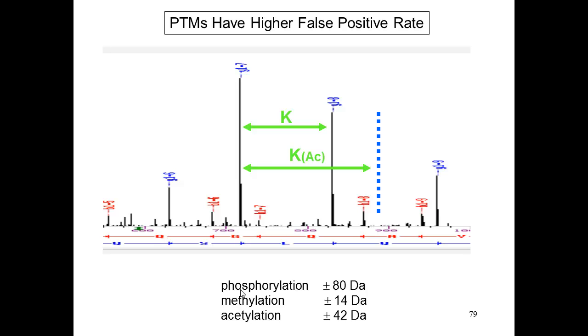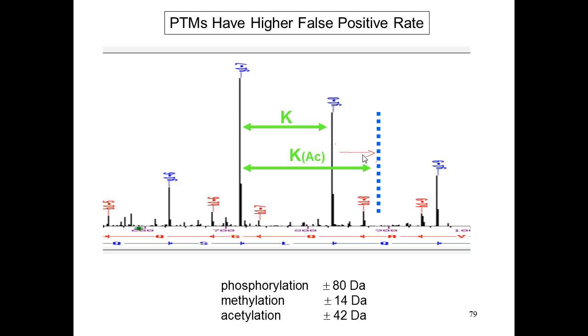Modifying an amino acid with a chemical species, a post-translational modification, obviously is going to change the weight of that, and that's the mechanism behind our ability to identify post-translational modifications. The amount of the shift between, say, a normal lysine and acetylated lysine depends on the mass that's added.